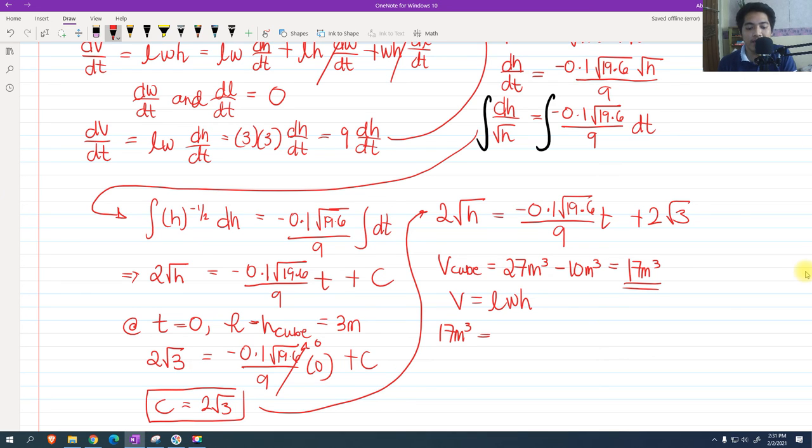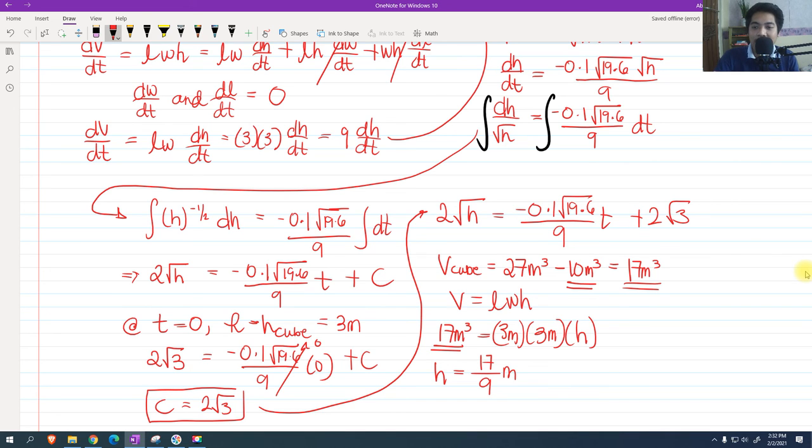The length is 3, it's not changing, and the width is 3. But the height of the water in that jacuzzi is the unknown at 17 cubic meters. Again, why 17? Because we removed 10 cubic meters, because that is what the problem is asking. So our height would be simply 17 all over 9 meters.